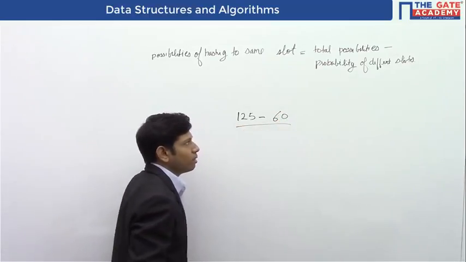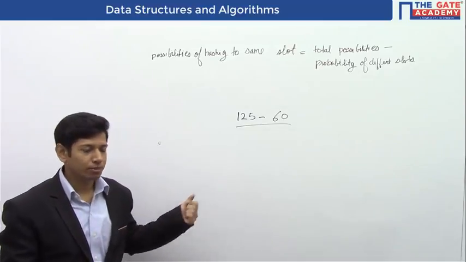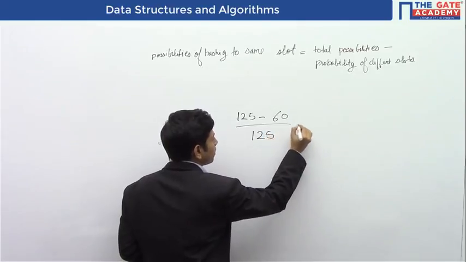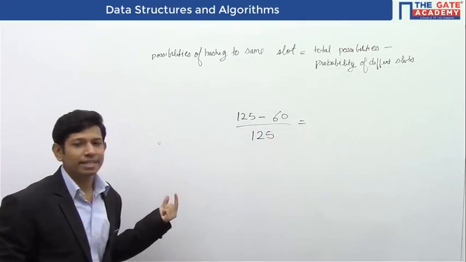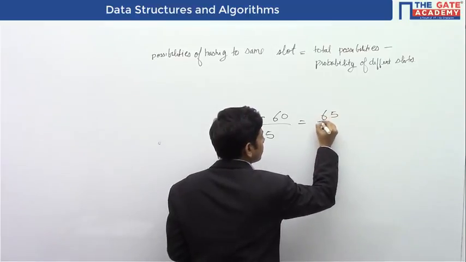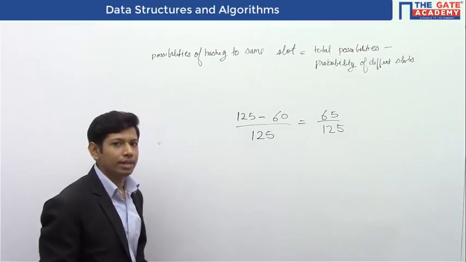And since this is probability, we have to divide it by the total number of possibilities, which is 125. So 125 minus 60 comes out to be 65, and in the denominator, we have 125.